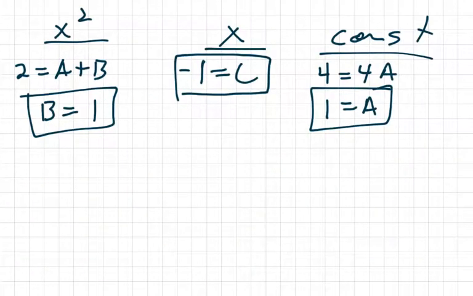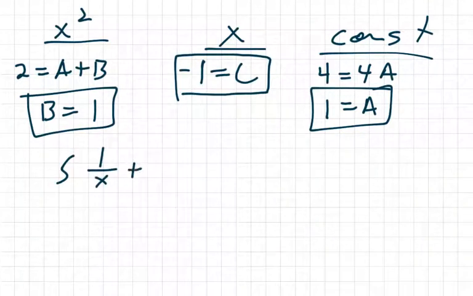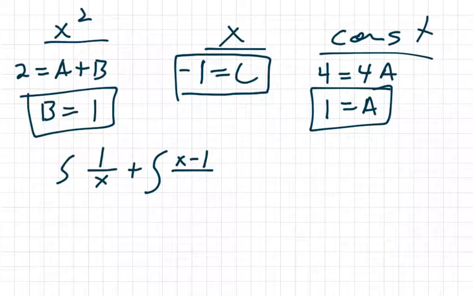So we're going to end up with an integral of 1 over x plus B is 1, so x, and C is minus 1, over our irreducible quadratic, like so. So there it is.